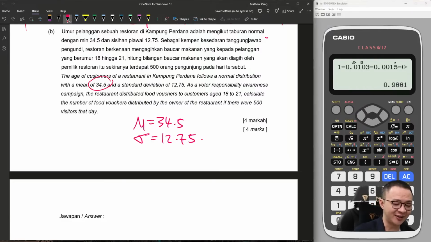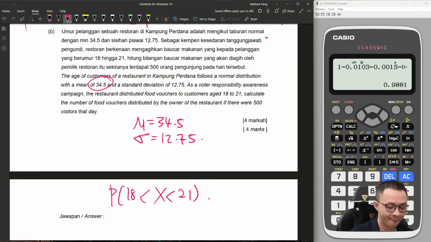You need to understand the meaning of this mean. This mean is the average age of maybe the 500 people, depending on how they conducted the survey. So this one is talking about age, and 12.75 is also about age. Right now, I want to find how many of them are aged between 18 to 21.